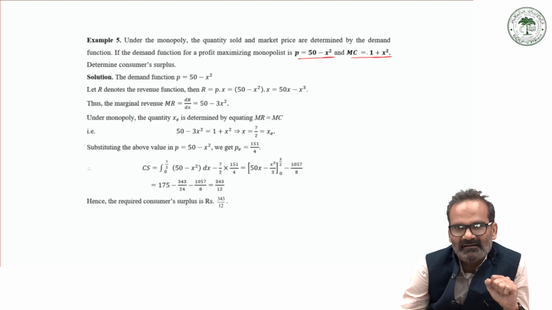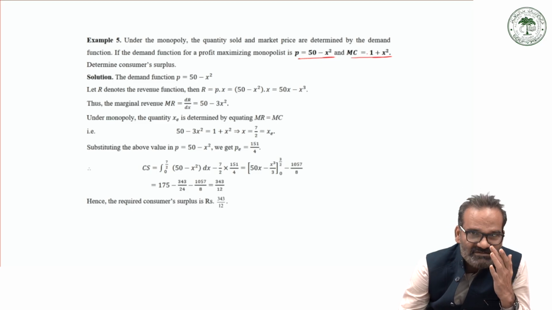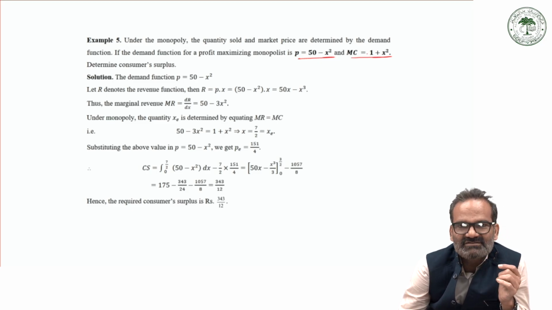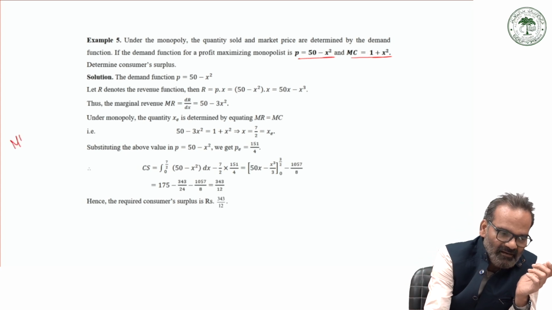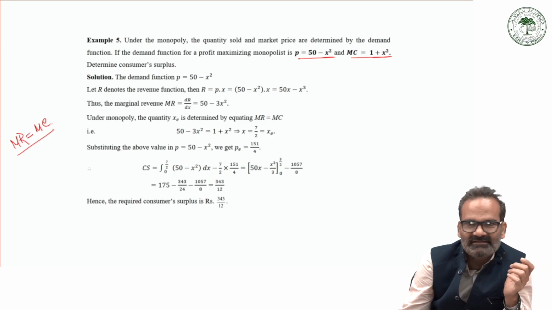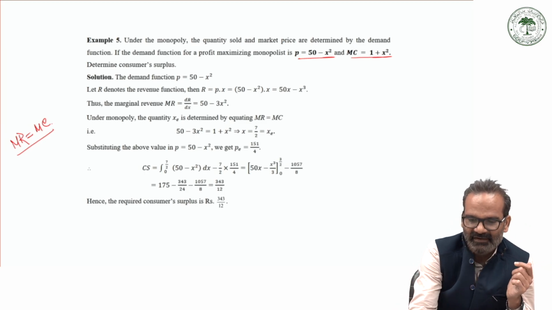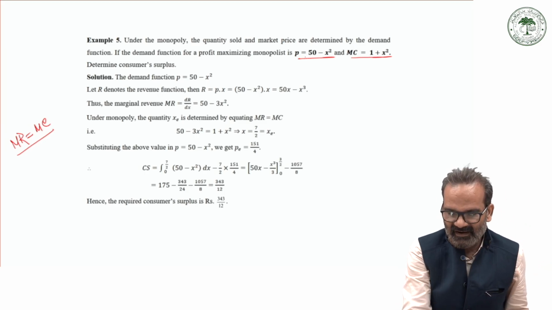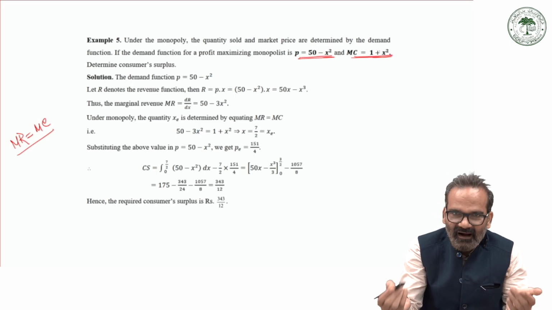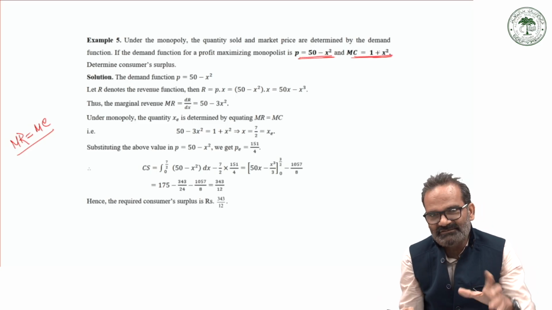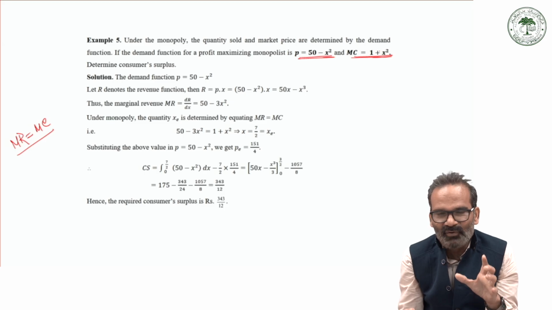The marginal cost should be equals to the marginal revenue, that is MR should be equals to marginal cost, then our profit is maximum. So here two terms are there, the demand function and the marginal cost, and we are interested to determine the consumer surplus under monopoly.